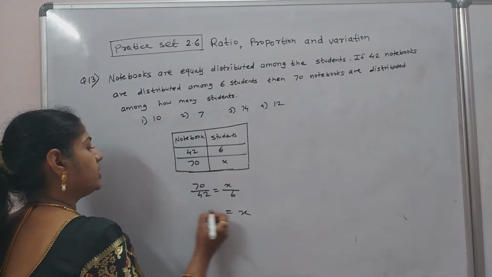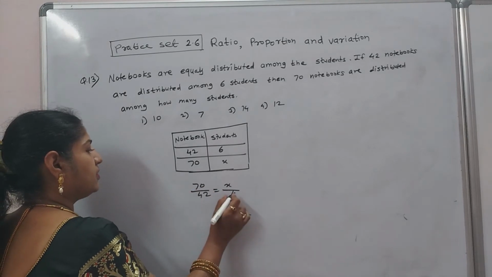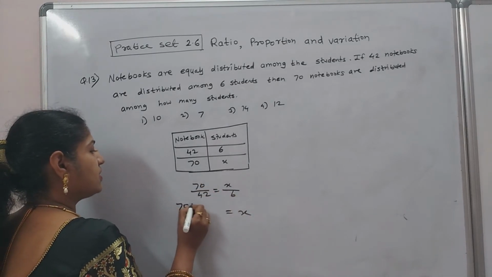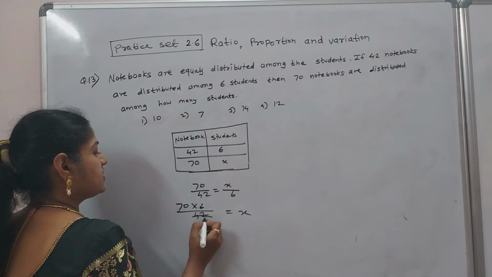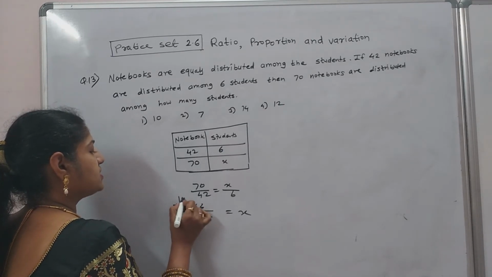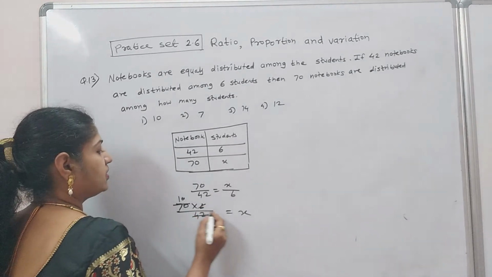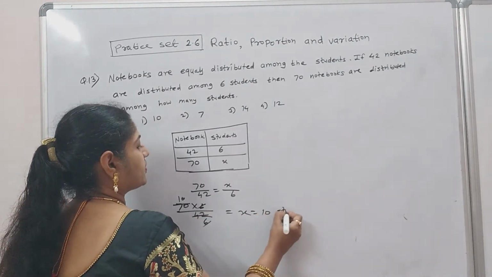The 6 goes across, division goes to multiplication: 70 into 6 upon 42. 7 6s are 42, 7 10s are 70, 6 and 6 cut, so the answer is 10 students.